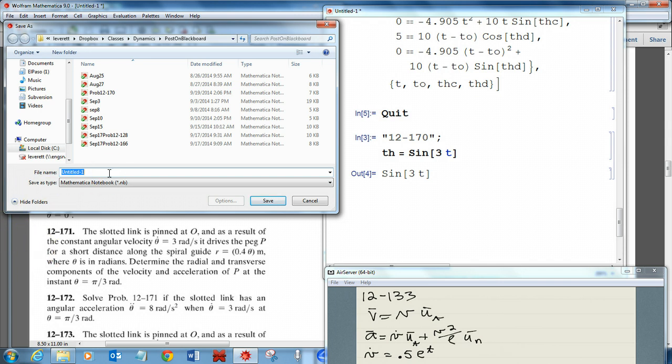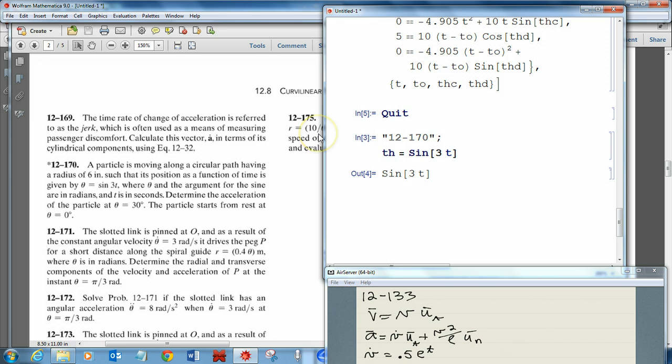Before it crashes, let me save it. Okay, we'll try it again. There we go. This is a crappy computer, by the way. Come on. Okay, good. See, I used one equal sign so that if I were to ask what's th, it'll tell me it's sine of 3t, if it ever comes back.